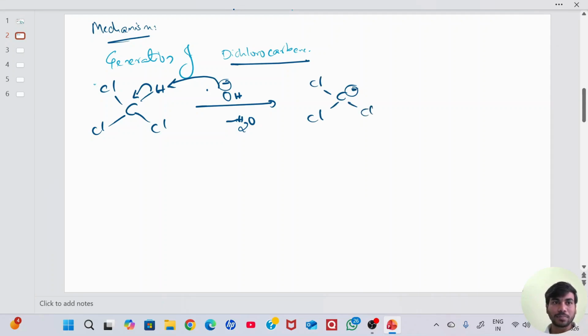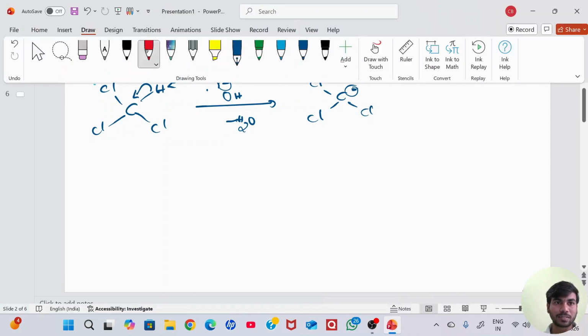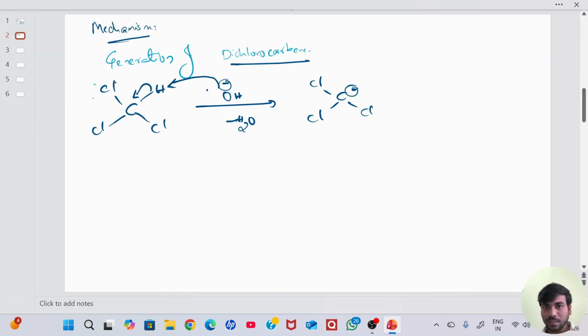And in the further continuation of the reaction, see, one of the three chlorines on the molecule will be eliminated as chloride ion with the electron from carbon as well.